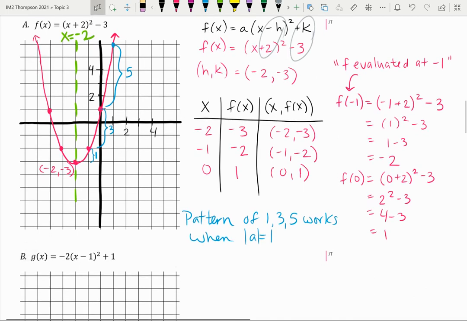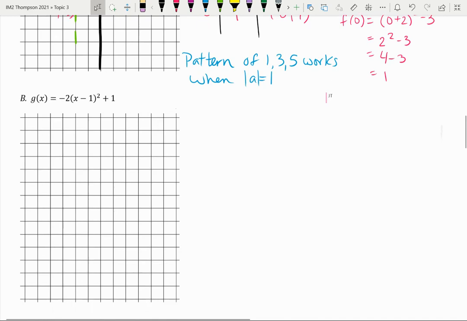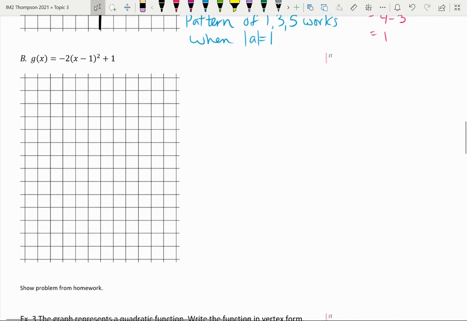So the next one I'm going to do is b of x equals negative 2 times quantity x minus 1 quantity squared plus 1. And we're going to go through all the same steps again.